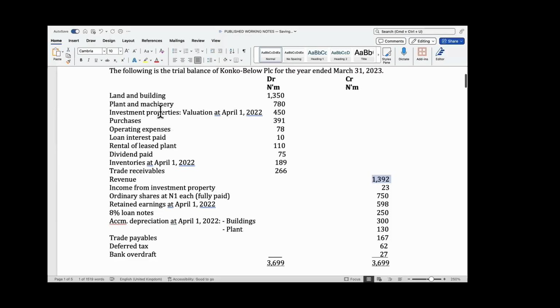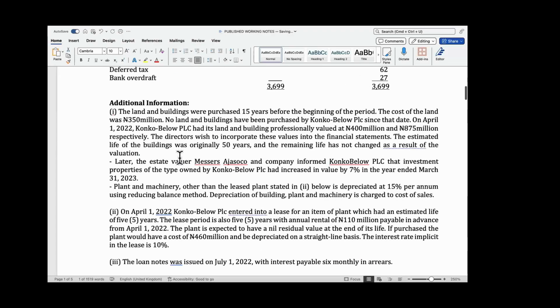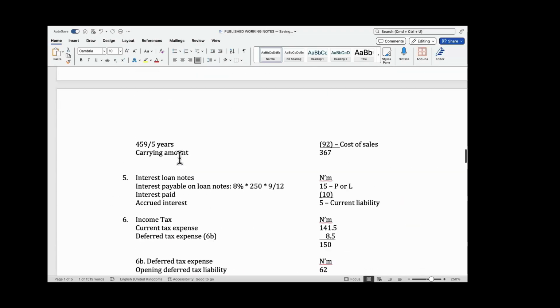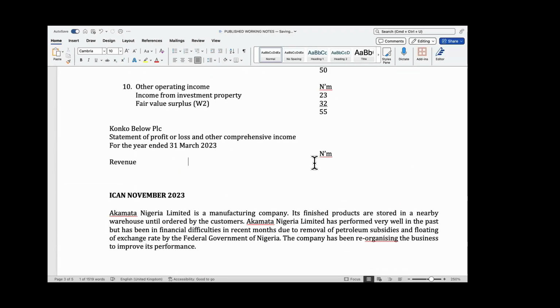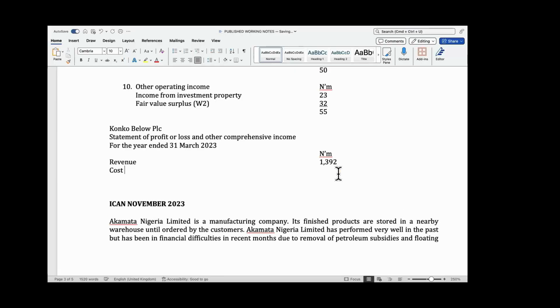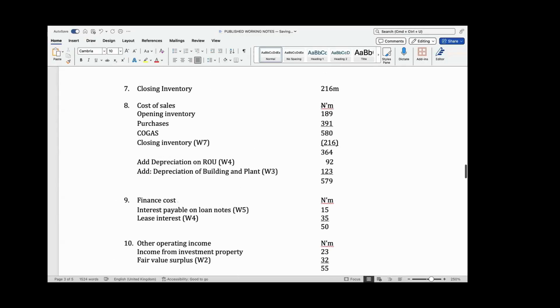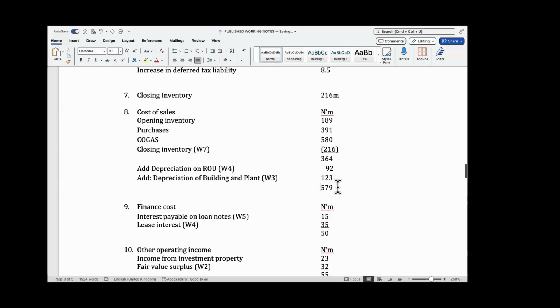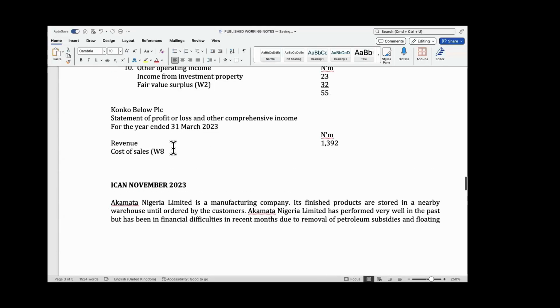And I want to check, do I have any returns inwards? No, I don't. So no deductions. So 1392. I deduct my cost of sales, which I did from working 8, if I'm correct. Yes, and it is 579.